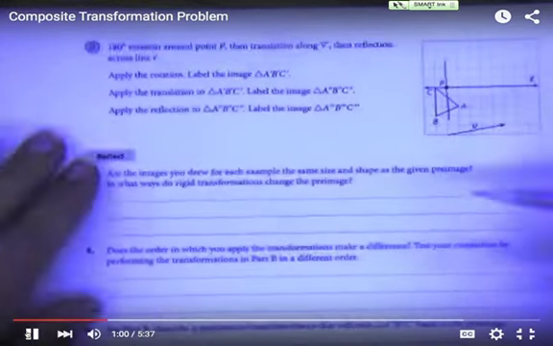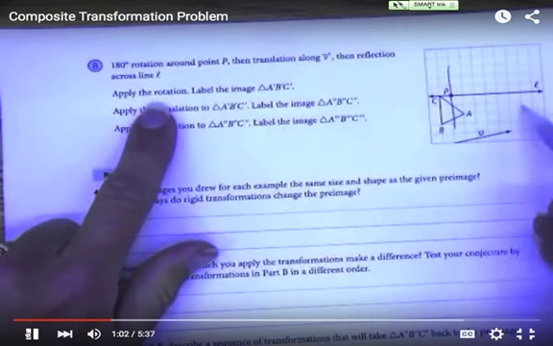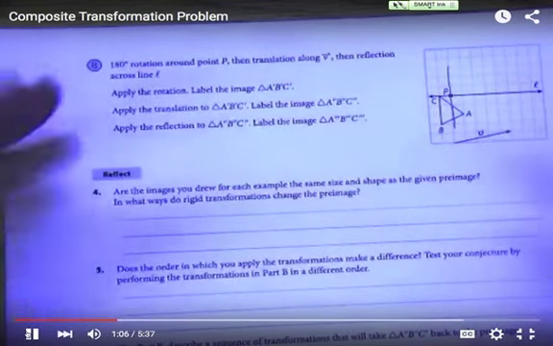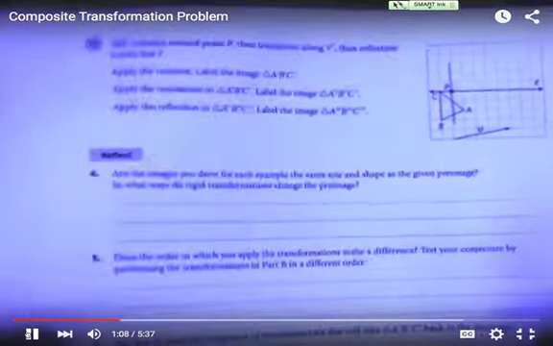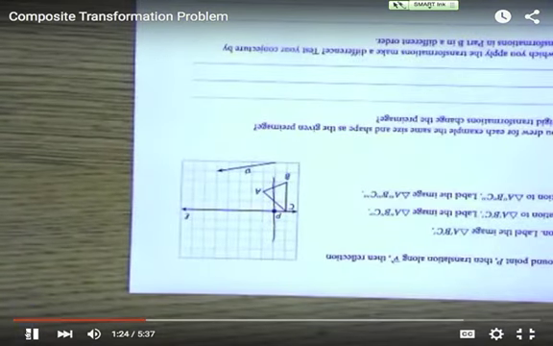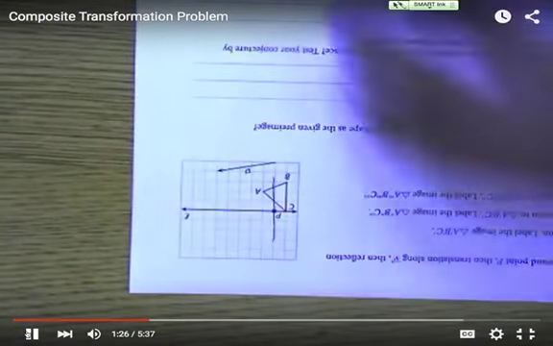And what I'm going to do is, since the problem says to rotate this 180 degrees, remember that I showed you that one of the ways that you can do a rotation is to actually physically pick up your paper and turn it 180 degrees. So I turned it 180 degrees. And now it looks like this.